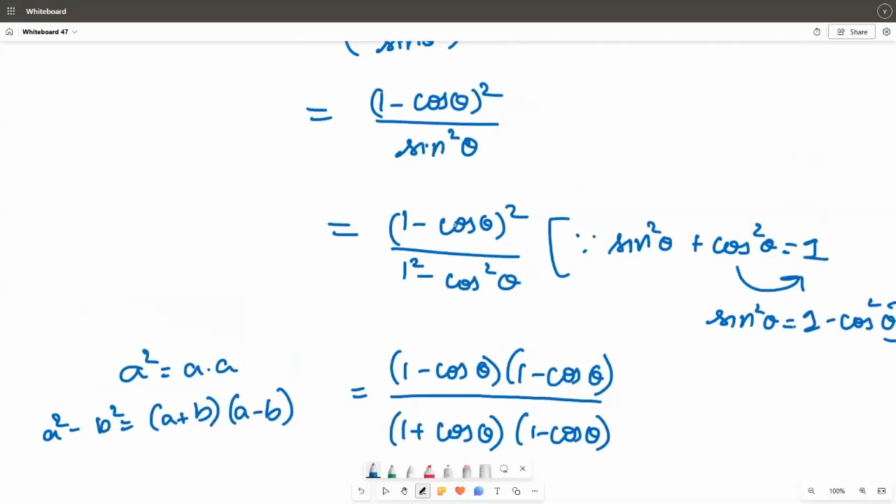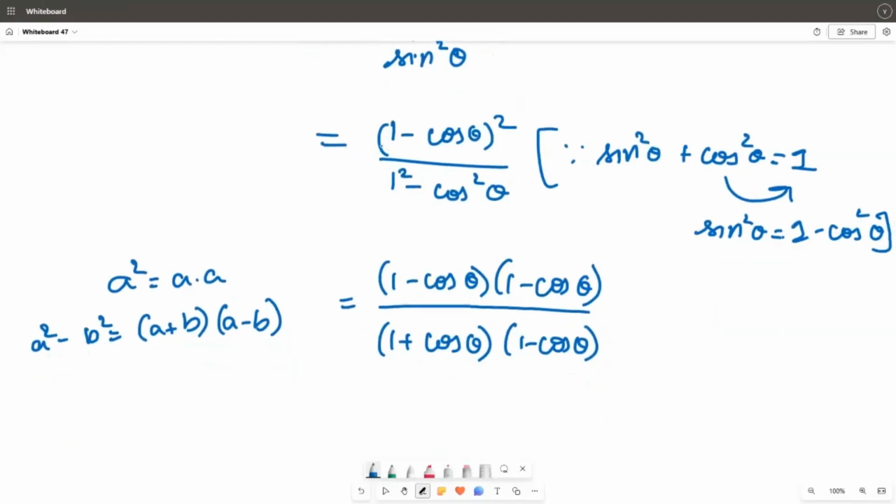So what I have done is substitute 1 minus cos square theta in the place of sin square theta in the denominator, and in the numerator we have 1 minus cos theta whole square, which I have written individually, since a square can be written as a into a.